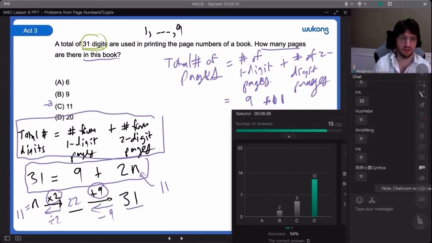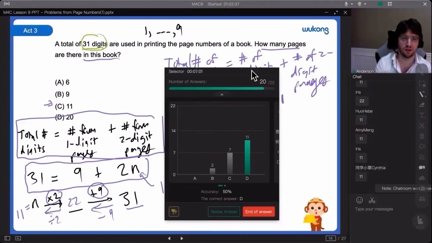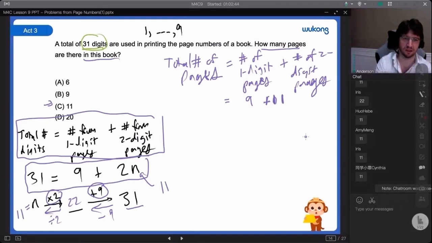All right, if you said 9, we already said only looking at the two-digit pages, there's 11. 9 is just the number of one-digit pages. We want all the pages. All right, 5, 4, 3, 2, and 1. Okay, so for this one, 9 plus 11 gives us a total of 20 pages.